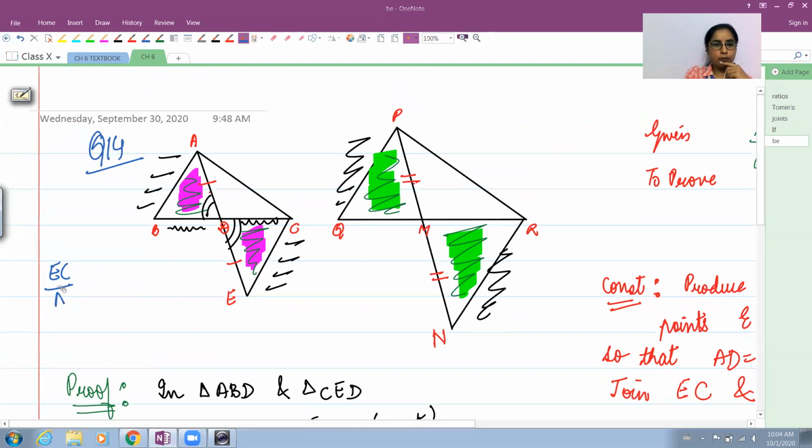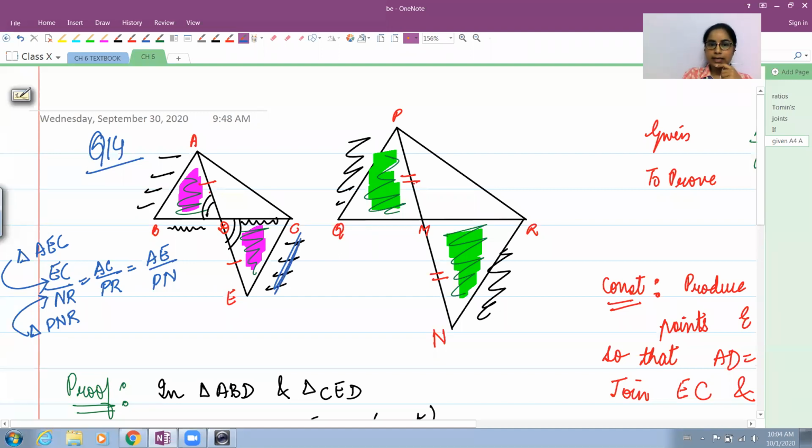EC over NR equals AC over PR equals AE upon PN. In the numerator, I have the sides of triangle AEC. In the denominator, I have the sides of PNR. Is that correct? You can just quickly take a look.